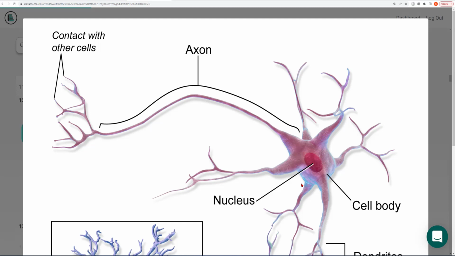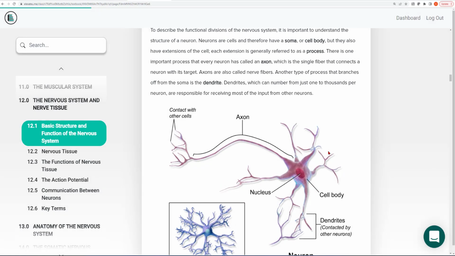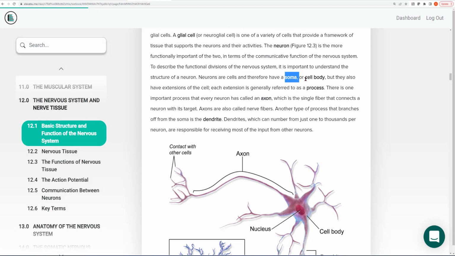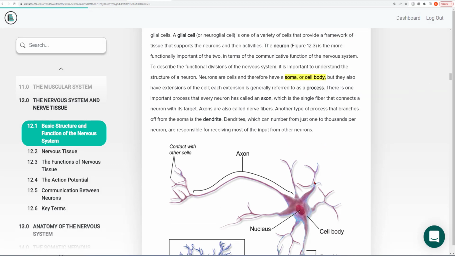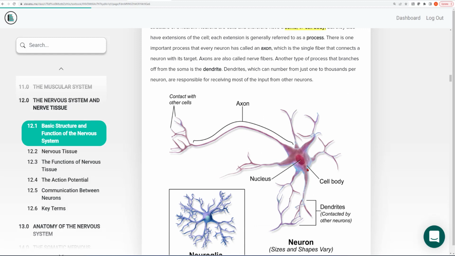We'll see a lot of those same organelles, but clearly the shape of the cell is very different. Now the cell body is basically what I'm circling here. The other name for the cell body is the soma. So you'll see this term up here, soma or cell body.